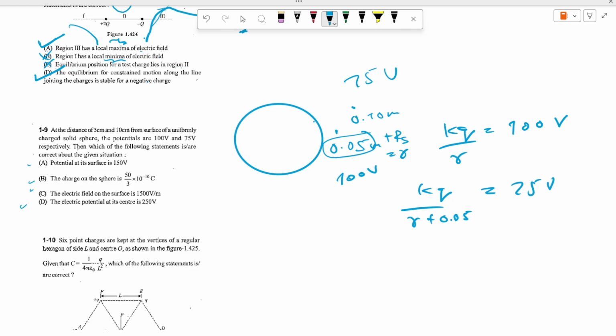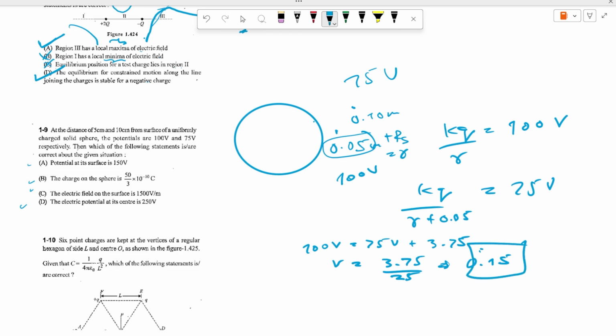So from these equations, what we get is 100 volts equals 75 volts plus 3.75. Yeah, I might be bad with calculations, so you can just cross check that. 25 volts. So what we essentially get is 3.75 on 25, which is essentially 0.15. Right, that is what we get.